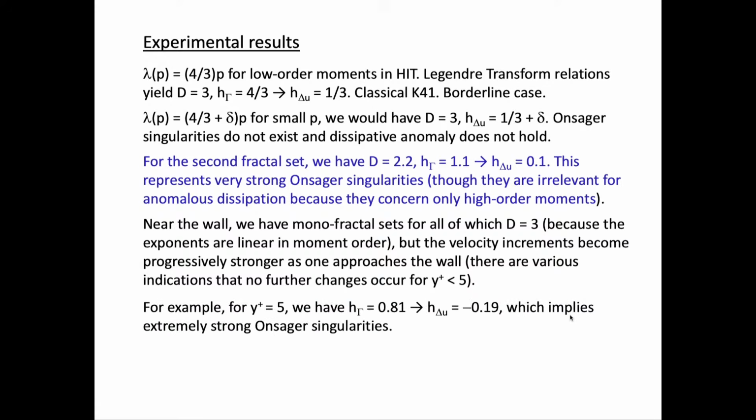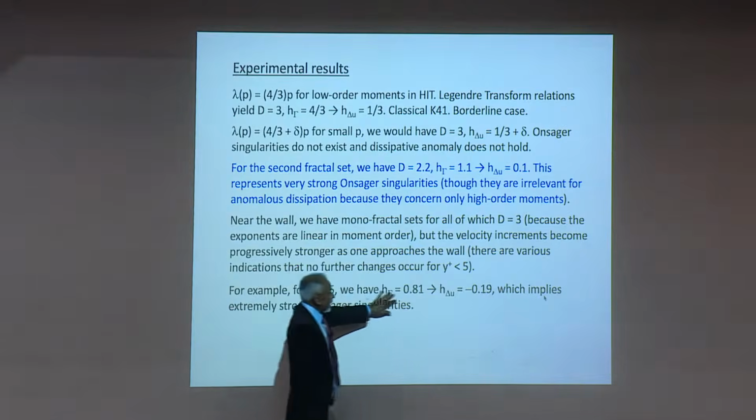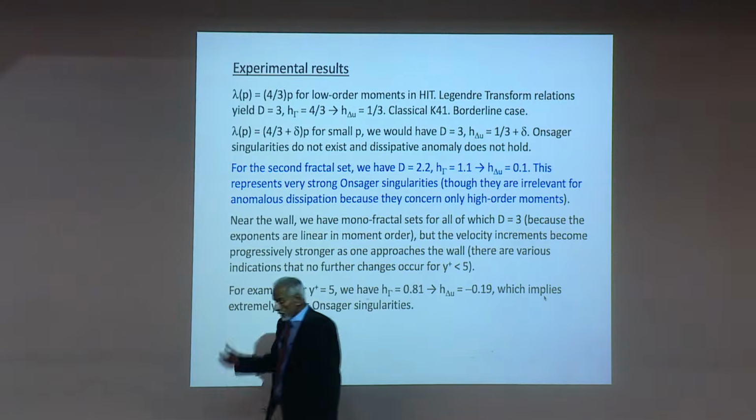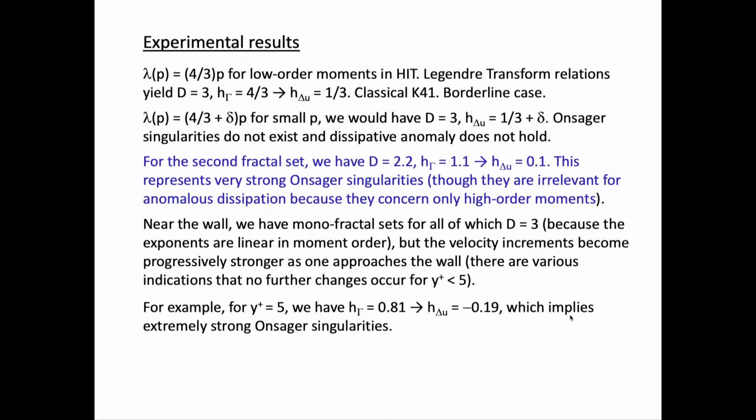Now that has some important implications. That is, for y plus of phi, you can actually, from the experimental data, get this h, and you can calculate this, and it actually is very small. In fact, it goes negative, which implies extremely strong Onsager singularities.